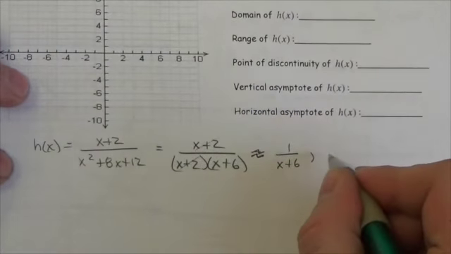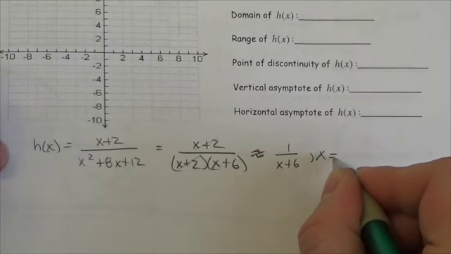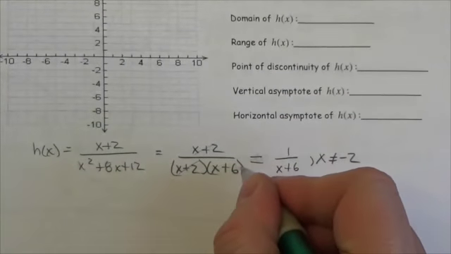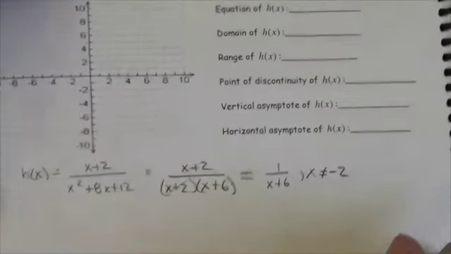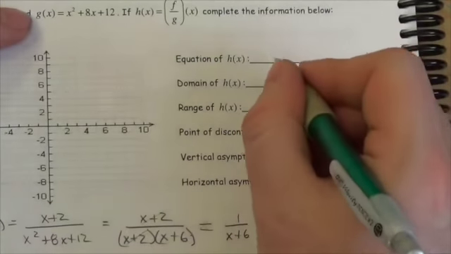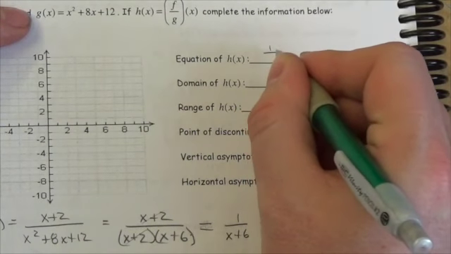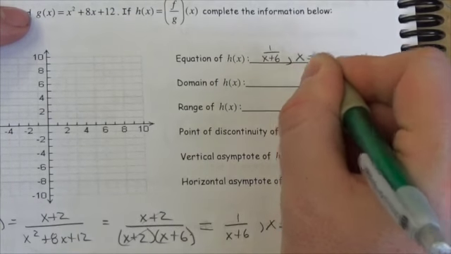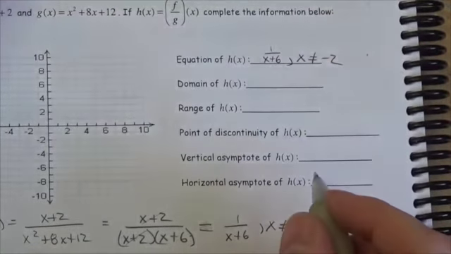They are not the same at negative 2. So I have to actually state here x can't equal negative 2, and when I do that, I make these two equal to each other. So now carrying this up, the equation of h of x is going to equal 1 over x plus 6, so long as x does not equal negative 2.